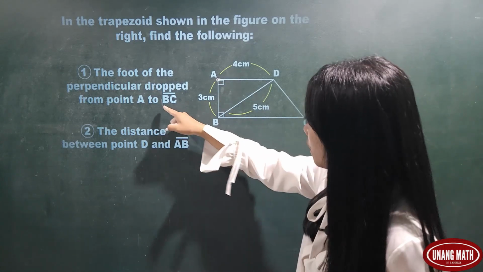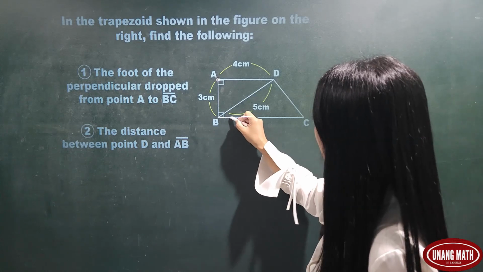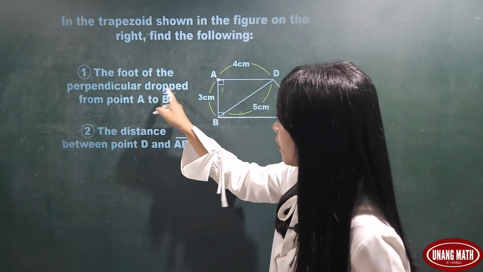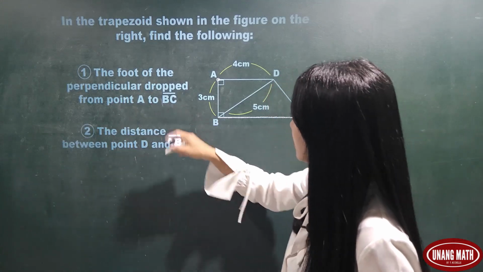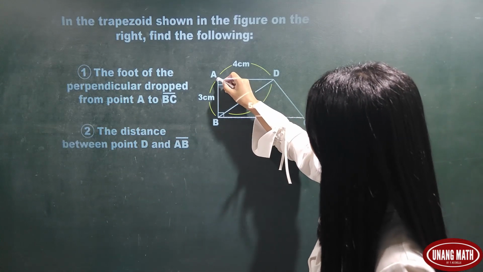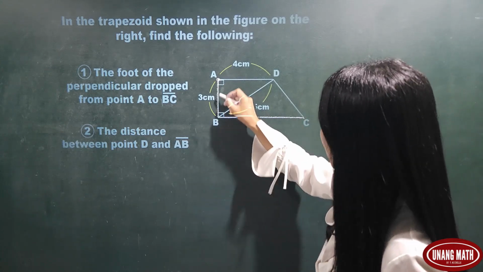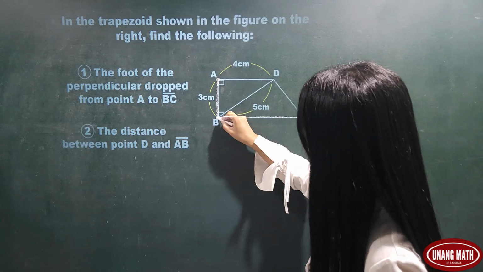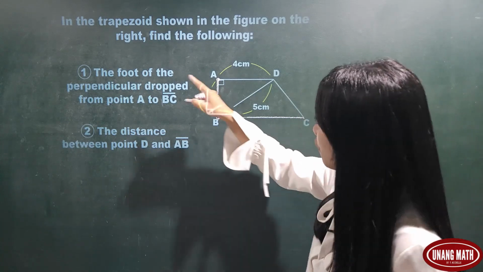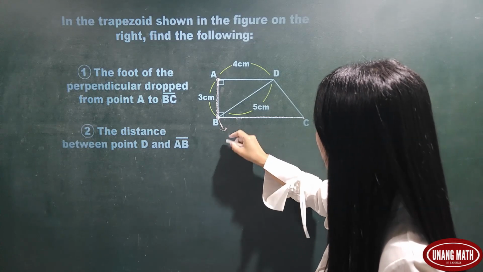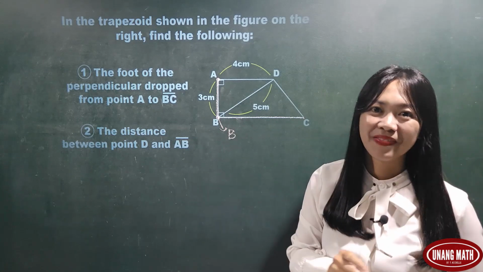This point. Where is segment BC? This line. So for the foot of the perpendicular dropped from point A to BC, we will just draw a straight line from point A perpendicular to line BC. So this point is the foot of the perpendicular. So this is point B.